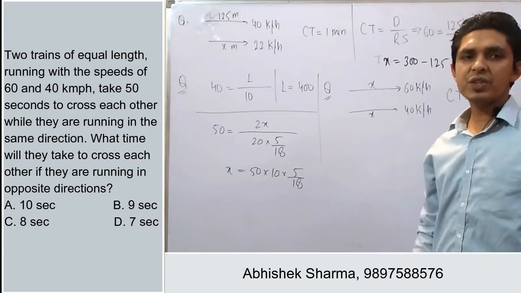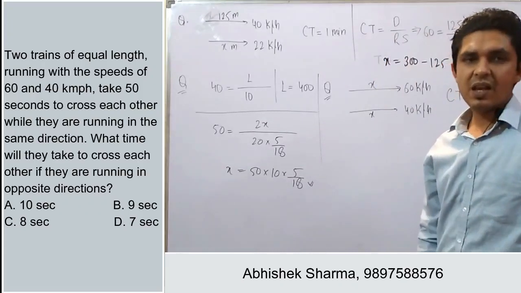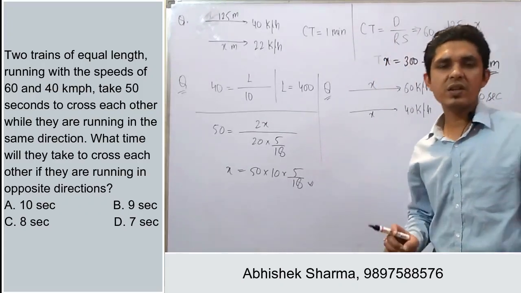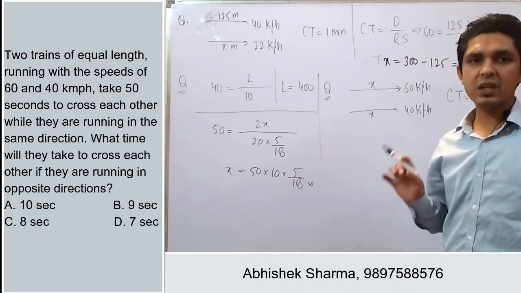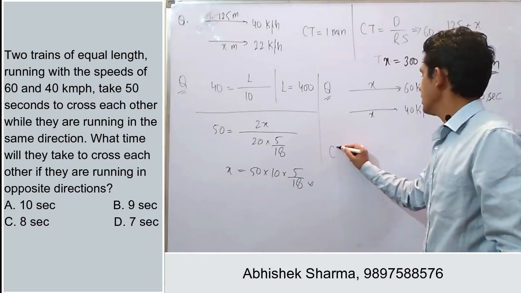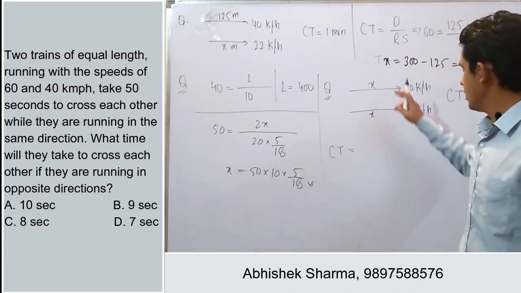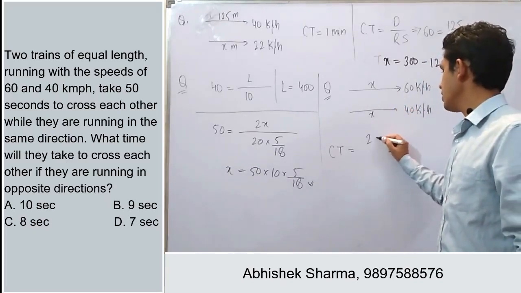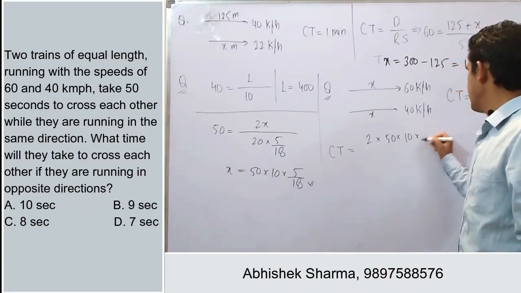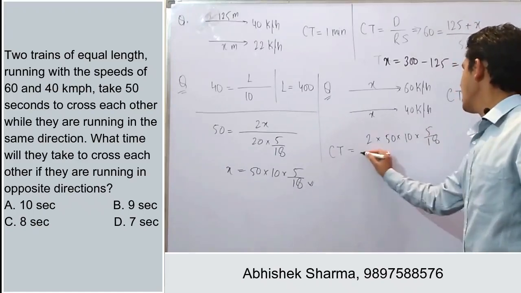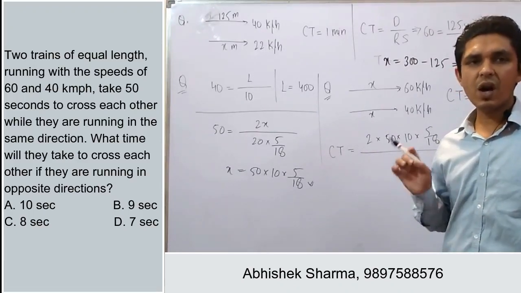right? Okay, my first part of the question is finding out the length of the train. And what is asked in the question is what will be the time taken when the trains are running in opposite direction. So here crossing time will be equal to total length of the trains, that means here two trains of equal length, that means 2 multiplied by 50 multiplied by 10 multiplied by 5 by 18 and divided by the relative speed when both the trains are running in opposite direction.